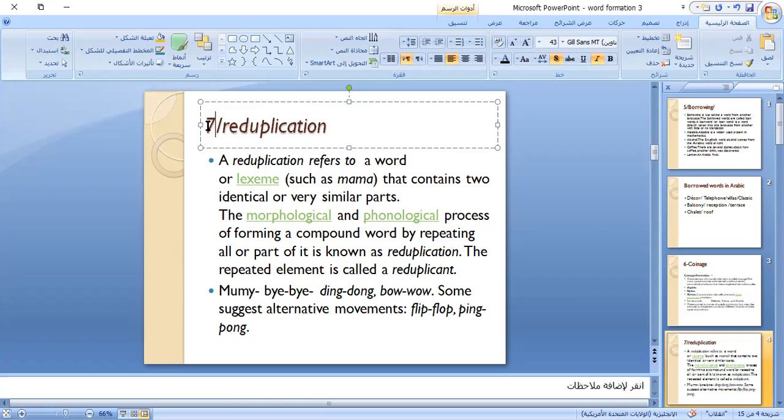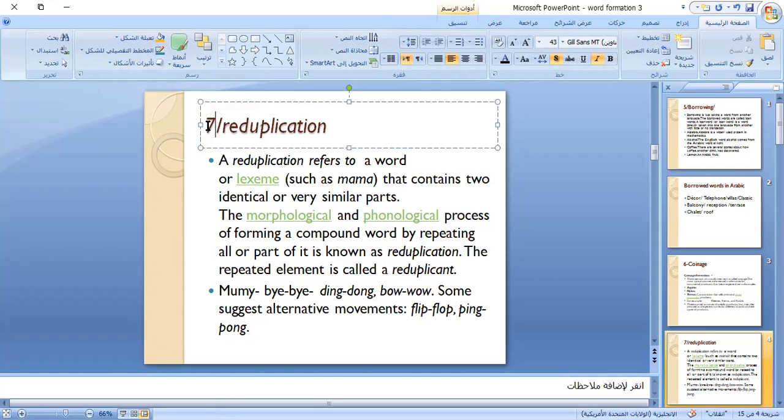Okay. So the morphological and phonological process of forming a compound word by repeating all or part of its known parts is known as reduplication. You combine parts of the same word, repeat it as two parts of the word. It is called reduplication.